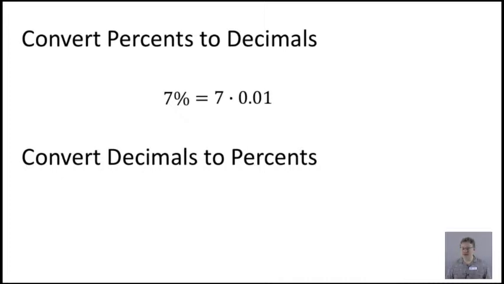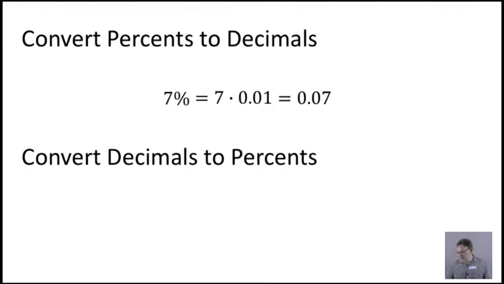There's a lot of ways to say this. That gives us 0.07. So you can see that as multiplying 7 by 0.01, or you can simply see it as taking the decimal point on the number 7 and moving it 2 places to the left. Either way, you're multiplying it by 1/100th or dividing it by 100. All of that is the same thing.